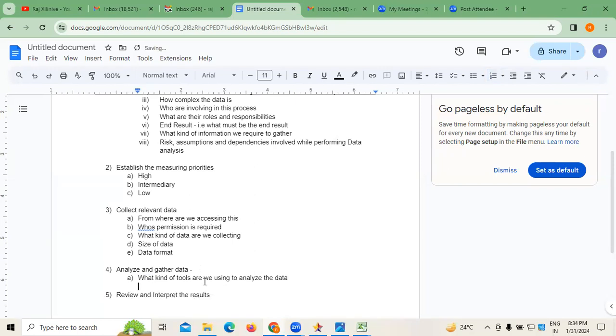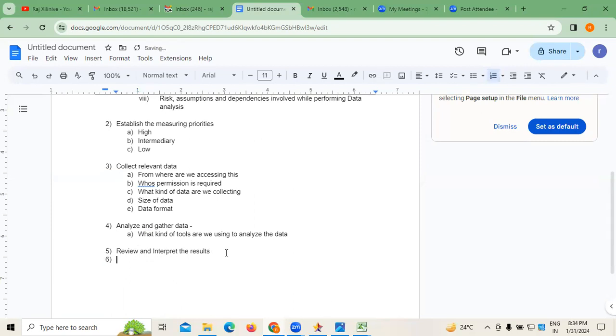Next, review and interpret the results. How and in what way are we reviewing the information? What is the source or process to review the results?